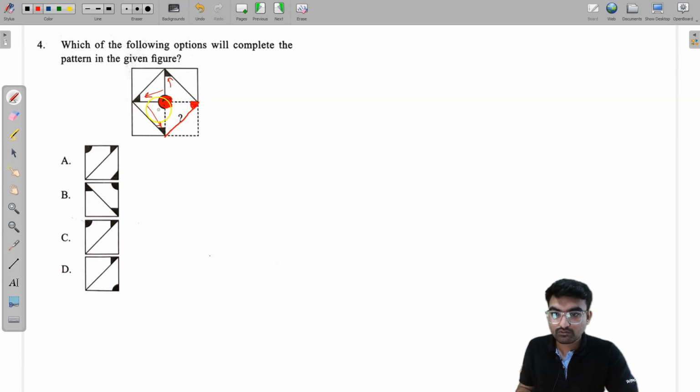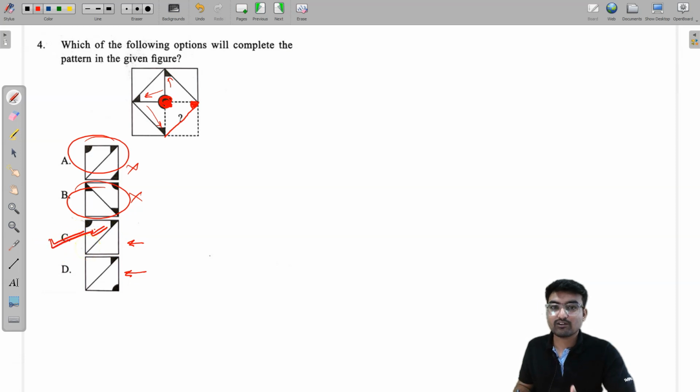So which is the required figure? First of all, we have only 2 shaded portions, and option 1 and option 2 are obviously not applicable because there are 3 shaded regions. Now among option C and option D, this is the required figure. So C is the correct option.